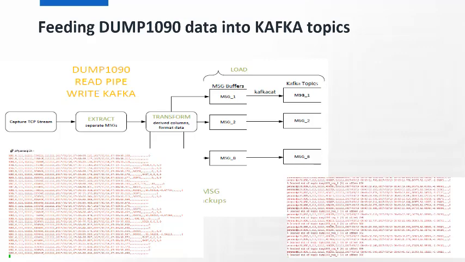Next, the messages are fed into a series of message buffers where the open source Kafka Cat utility picks them up and writes them to the individual Kafka topics. For reference, Kafka Cat is a generic non-JVM producer and consumer for Kafka.